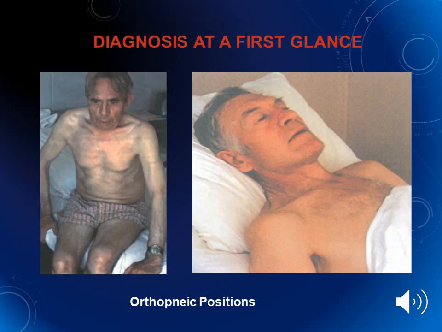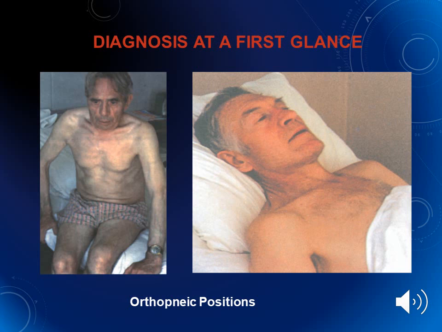In this slide, you see a patient with orthopneic position. Orthopnea is a condition that causes shortness of breath when the person is lying down, and the feeling is characterized by tightness in the chest and is often described as air hunger.